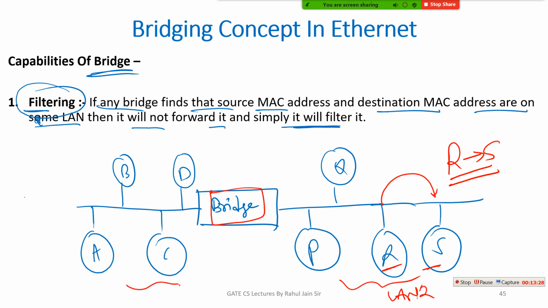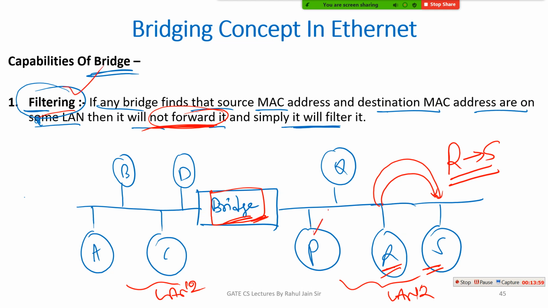Suppose it is lane 2, and this is lane 1. So the bridge will observe that R and S are on the same side of the lane, so there isn't any need of forwarding the message to the bridge. So it will filter the message. Instead of forwarding, it will not forward the message, it will filter it, and R will directly send the message to S. It is called filtering.